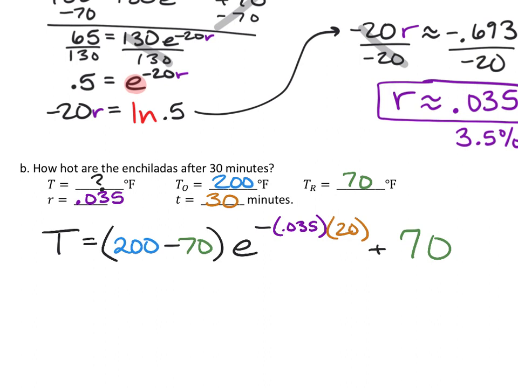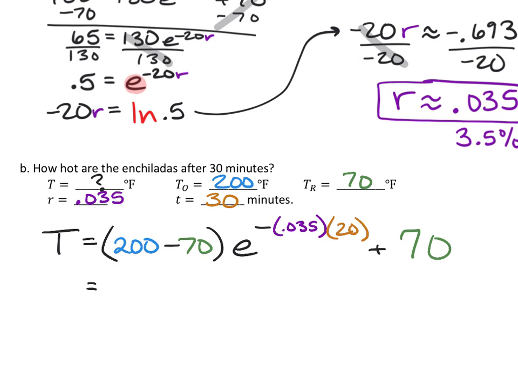So we go to our calculators, and we say, open parentheses, 200 minus 70, close parentheses. Ooh, I need e on my calculator. Where is e on your calculator? Yes, second and then divide gives you the e. Then I'm going to go up into exponent world and type negative parentheses 0.035 close parentheses open parentheses 20 close parentheses.